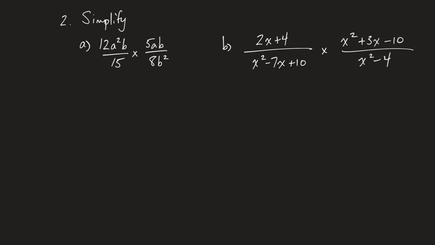That is, treat this problem exactly as we did and imagine that there were no variables. So I could divide out a 5 from 5 and 15. I could then divide out a 4 from 8 and 12. I can then divide out a 3 from both those 3's. All my coefficients have been reduced.